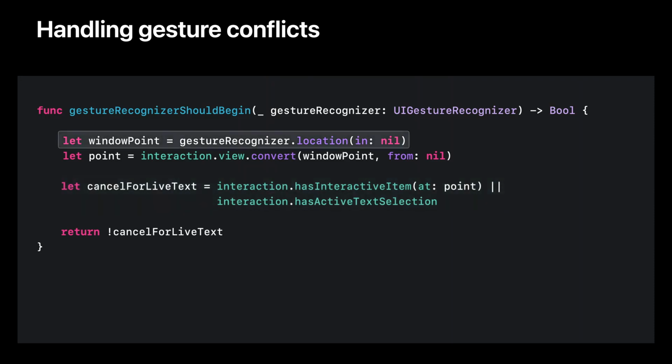On a side note, in this example, I'm first converting the gesture recognizer's location to the window's coordinate space by passing a nil and then converting it to the interaction's view. This may be necessary if your interaction is inside of a scroll view with magnification applied. If you find your points aren't matching up, give this technique a try.